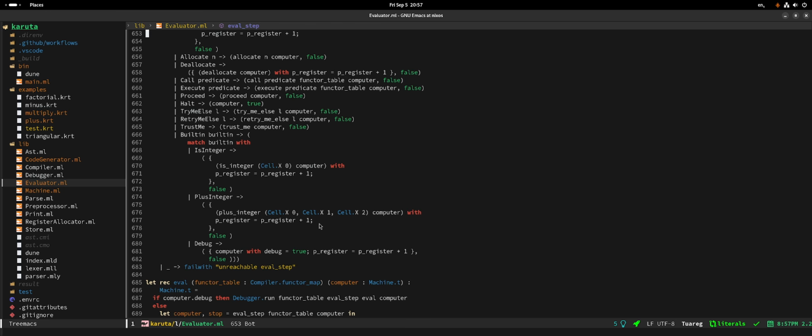How can we know that? Because we are emitting the code that sets up the registers before the call. Yeah, but how do we know we're emitting that correctly? How can we know that?